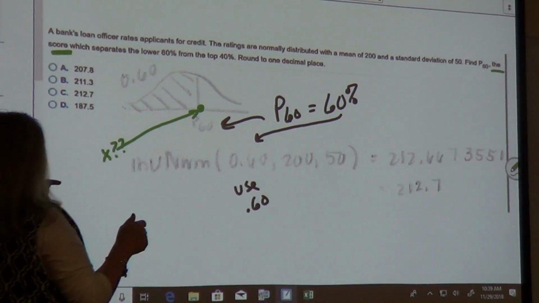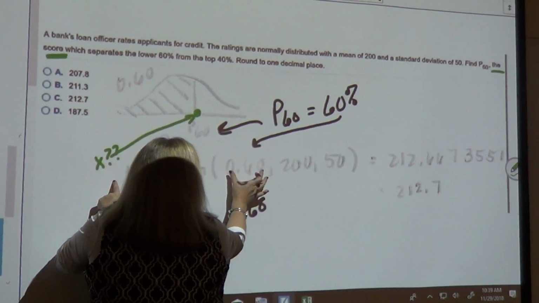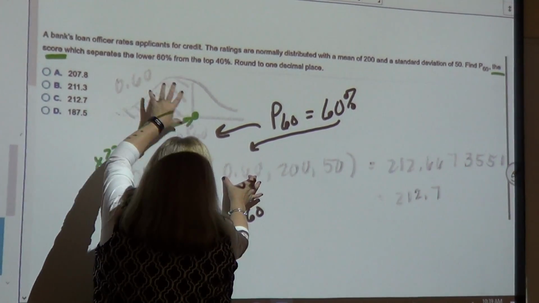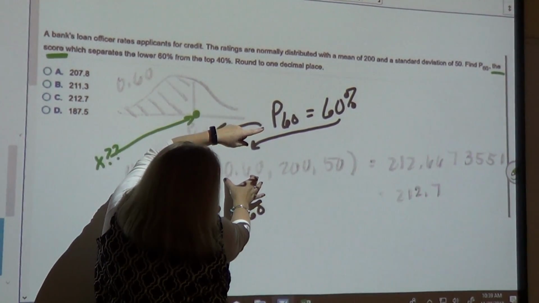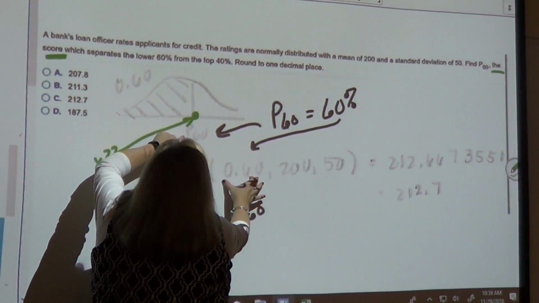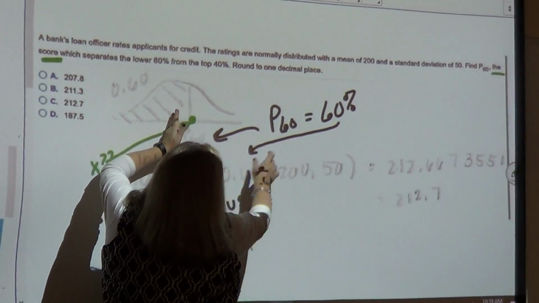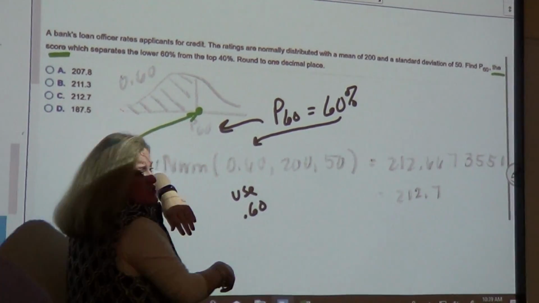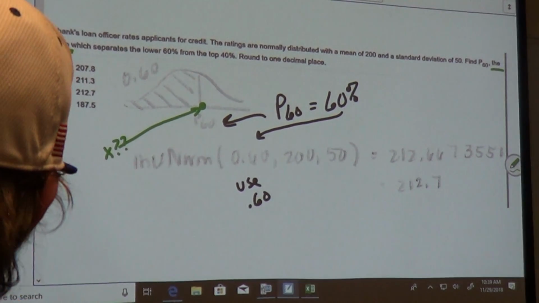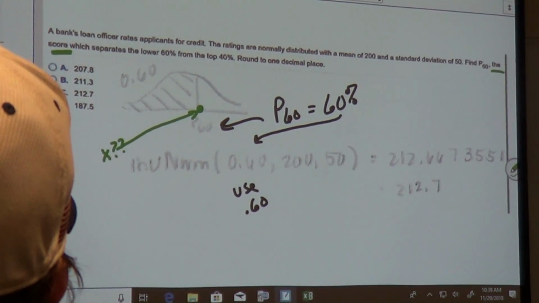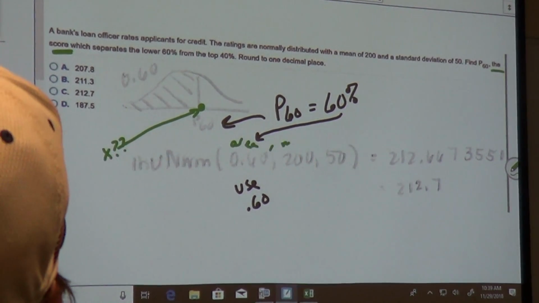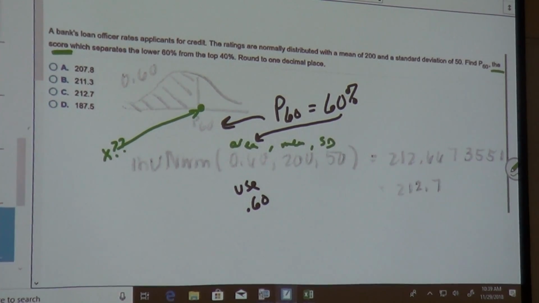So we're doing the inverse norm. We do the area under the curve, which is the P of 60, which is the 60%. They told me the mean was 200 and the standard deviation was 50. Area, mean, standard deviation.